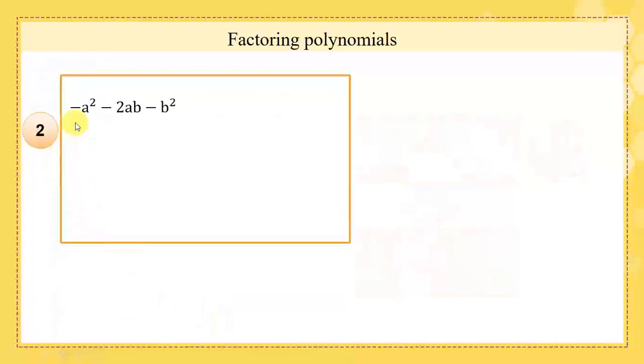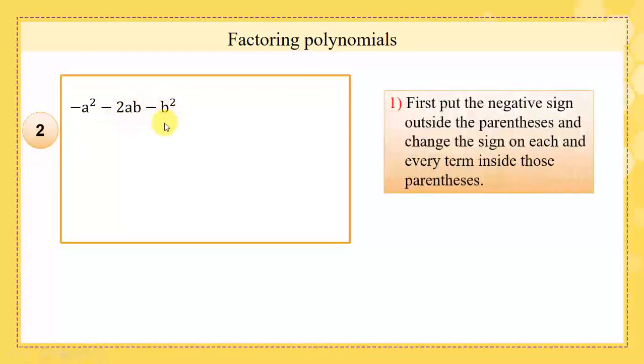2. Negative a squared minus 2ab minus b squared. Here we have a trinomial having all its terms negative. How can we change the sign of every term of this trinomial? Just put the negative sign outside the parentheses and change the sign of every term inside.